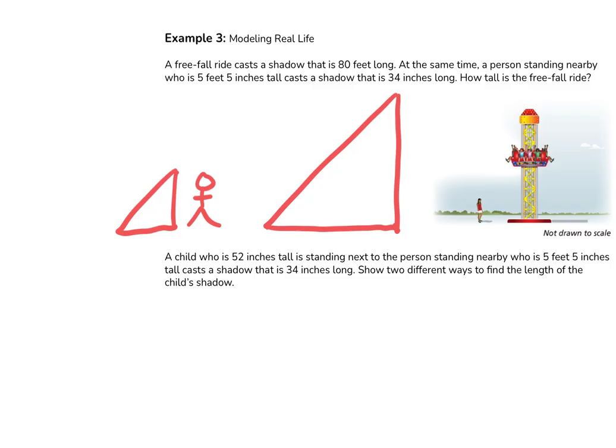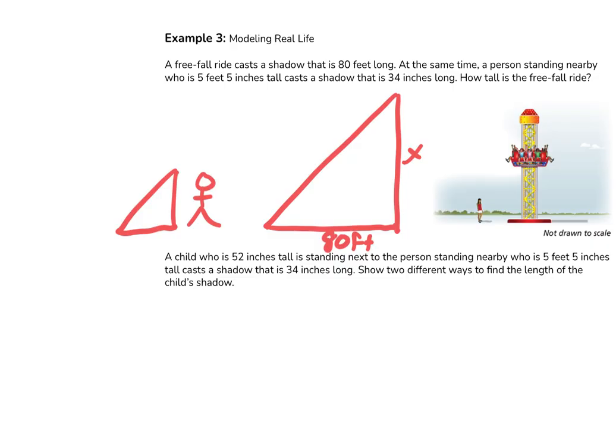We're going to fill in the information. So we got this ride. The ride, we do not know how tall the ride is. So that's my X. That's my unknown. Okay, the shadow of the ride is 80 feet long. Well, when I think of shadows, where do shadows always show up at?